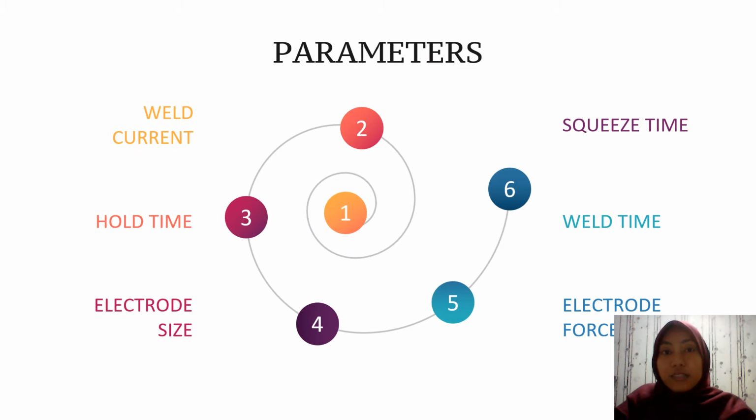As mentioned before, resistance spot welding is a complicated technique, because it consists of 6 parameters that need to be consistently monitored, which are weld current, hold time, size of the electrode contact with the surface, the squeeze time, the weld time, and also the force given by the electrode. So resistance spot welding also depends on the electrical and thermal conductivity.